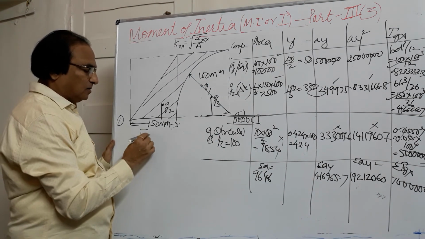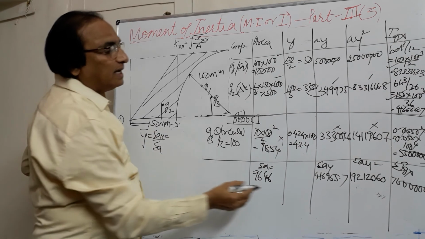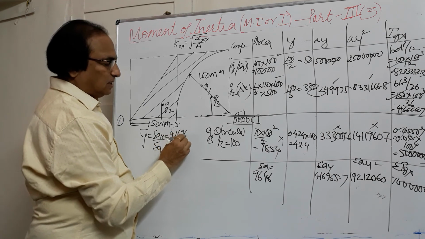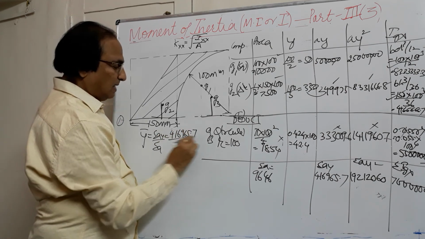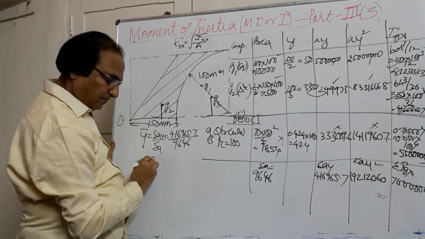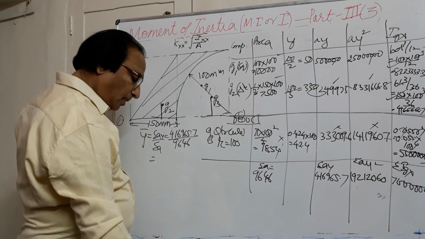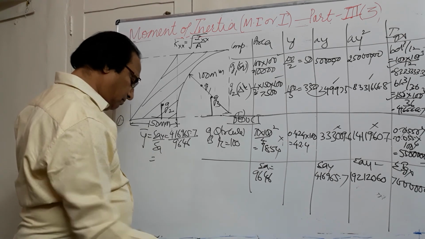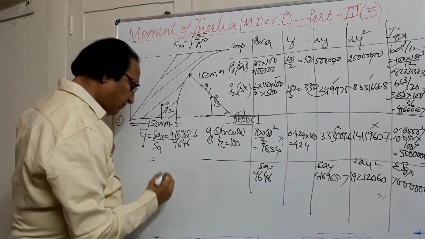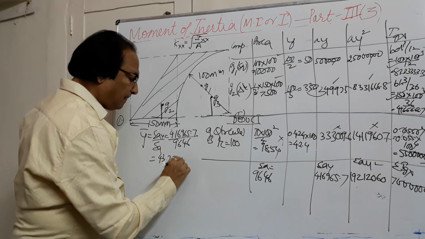First step is to find out y bar, which is given by sigma ay by sigma a. So sigma ay is 416,965.7 divided by sigma a, which is 9646. If you simplify this, you get y bar equal to 43.23 mm.